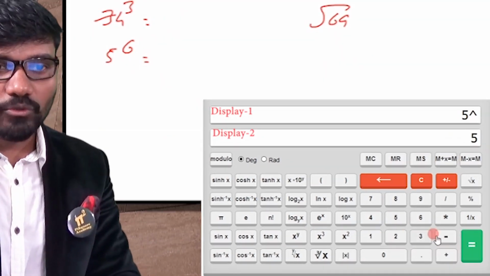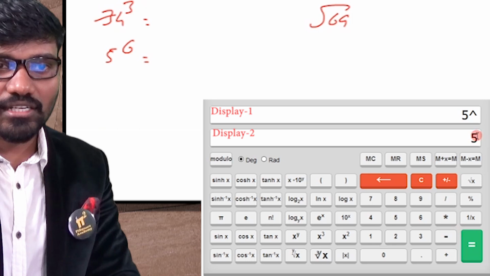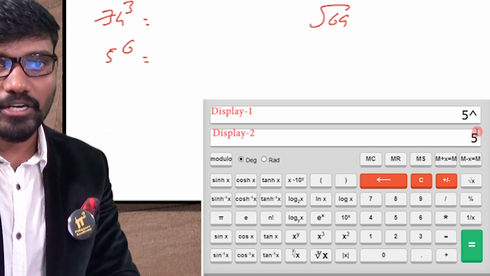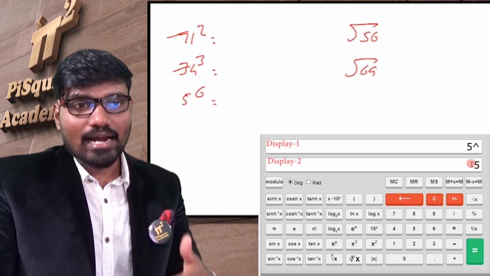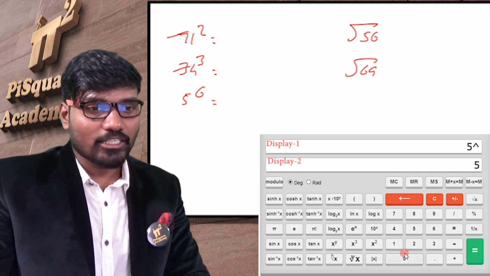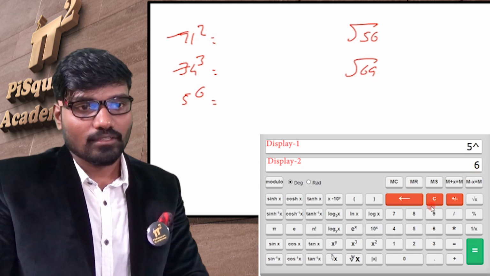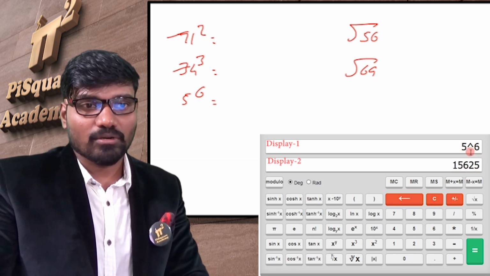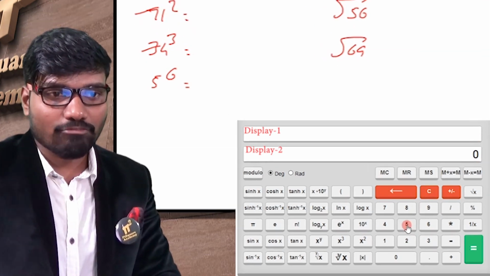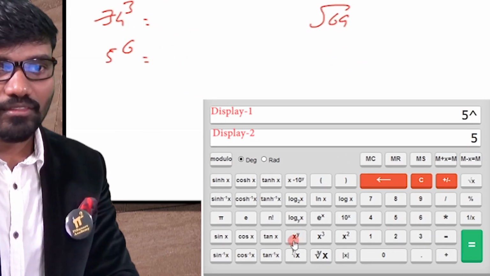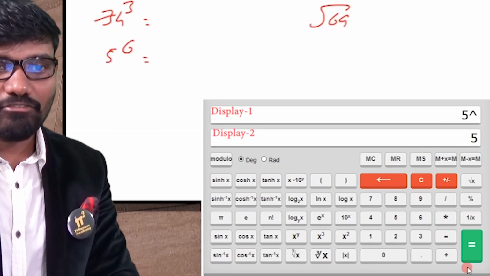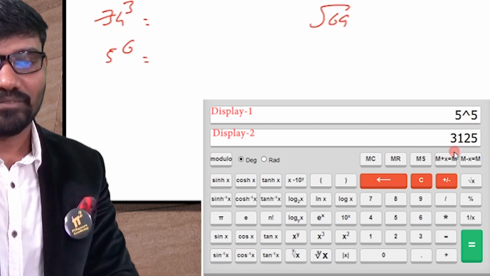Without entering the y value, if I hit equal to, it will consider the same 5, because in the display 5 is there. It will take that as the y value. So I need to change it to 6. Hit 6. Now it will take 6 as y. And equal to, this is 5 power 6. What I mean is, I entered the 5 value, I hit this. Still 5 is there. If I hit equal to, 5 power 5, that's the value.